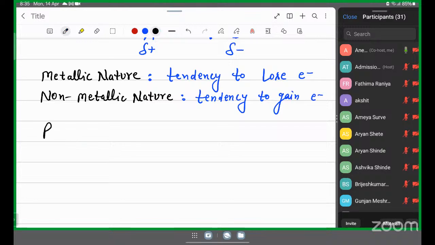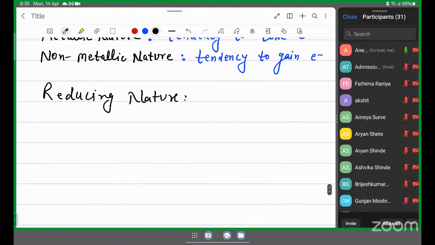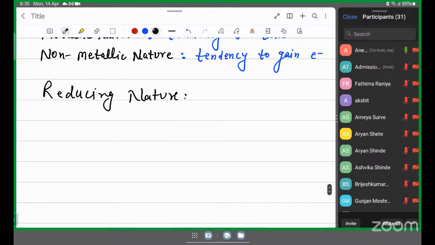Then we have reducing nature. What is reducing nature? Anyone? Reducing nature is same as metallic nature. So reducing agents are the agents which will reduce other compound or chemical and oxidize by themselves. So in reducing nature, oxidation number increases, electrons are lost.